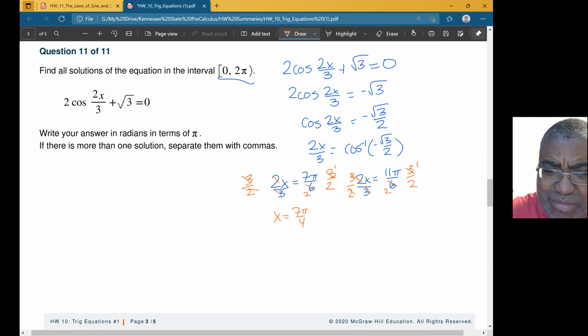That doesn't sound right. Negative root 3 over 2, no. It is 7 pi over 6 and 5 pi over 6. Yeah, I'm tripping.